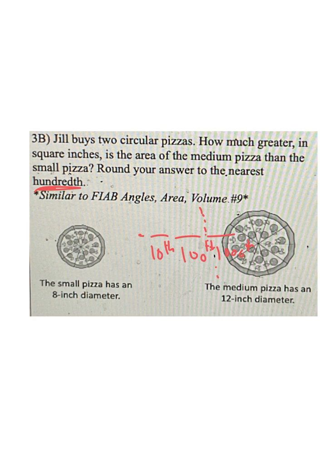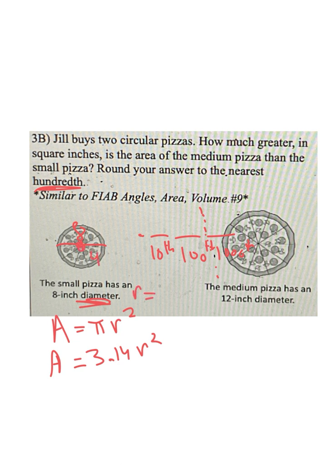All right, remember the area of a circle is just pi times radius to the power of 2. Since they don't tell us to use pi, we're gonna use 3.14, and we're gonna multiply that times the radius to the power of 2. Now, they said that the small pizza has an 8-inch diameter, and if the diameter is 8 inches across, then that means that the radius is only going to be 4.